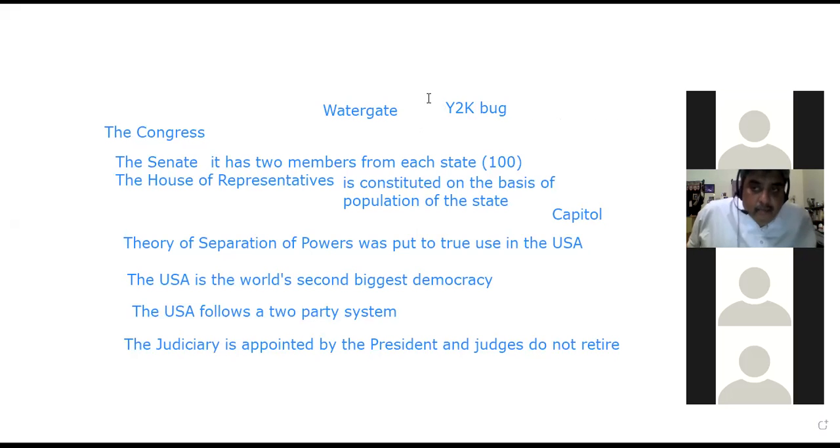Otherwise, computer programs would have crashed.